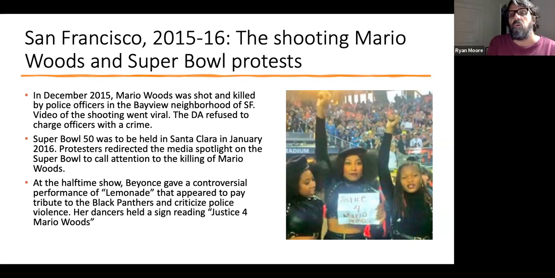And you see here one of the dancers is holding a sign that says "Justice for Mario Woods," and then of course also the raised fist, the very iconic tribute to the Panthers that Beyonce did in the heat of this moment, and in a place where this was really heated because of what had happened to Mario Woods.